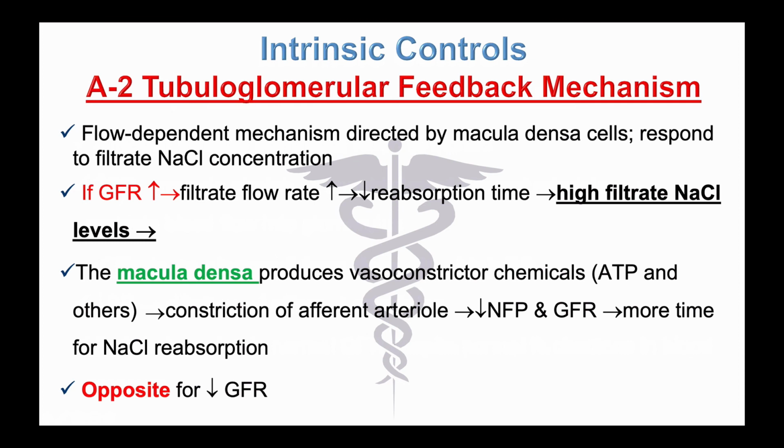The macula densa produces a vasoconstrictor chemical. This chemical constricts the afferent arteriole and decreases the flow to the kidney, and thereby the glomerular filtration rate is decreased. It gives more time for sodium chloride to be reabsorbed. So this is the tubuloglomerular feedback mechanism.